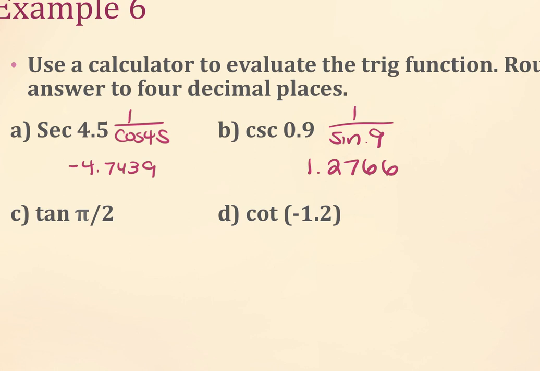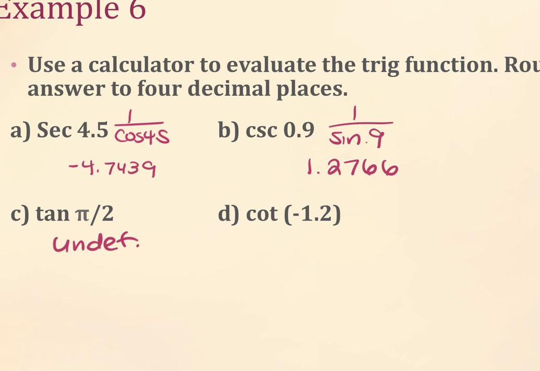The tangent of pi over 2 is literally tan. Use the pi button. It's above your caret, divided by 2. And we should know this already, because what's the tangent at the top of your circle? Undefined, and your calculator will yell at you because it can't find it. It'll say domain error.